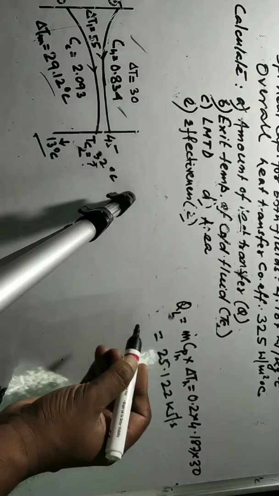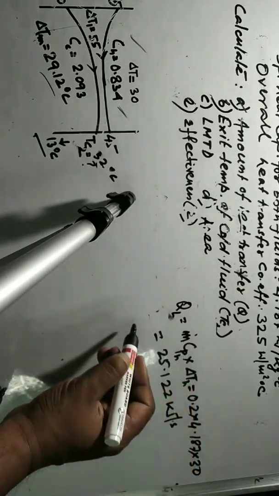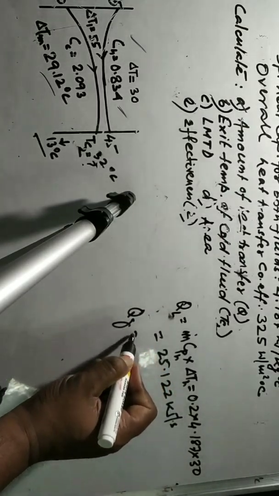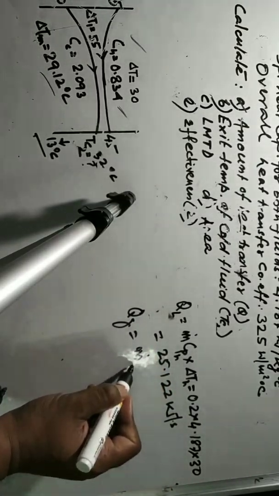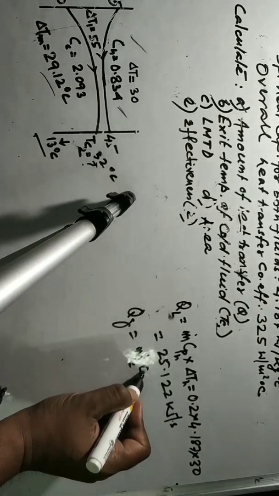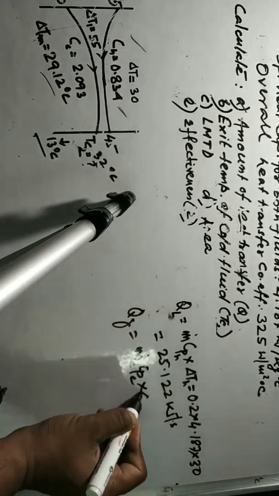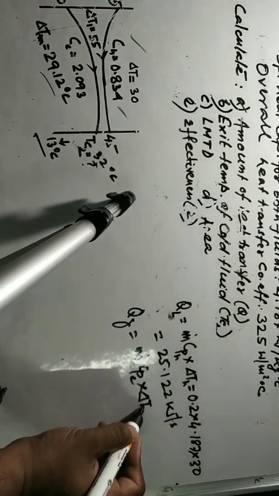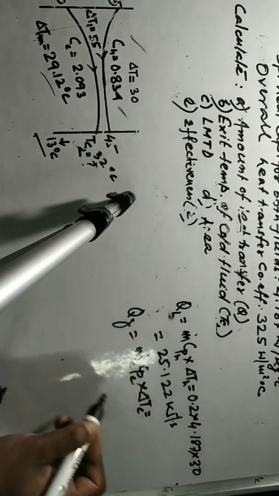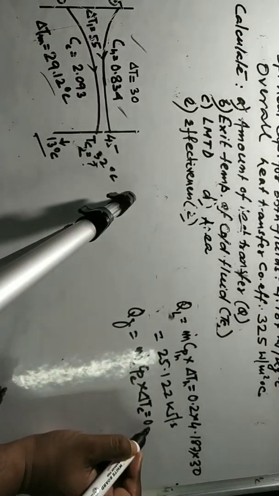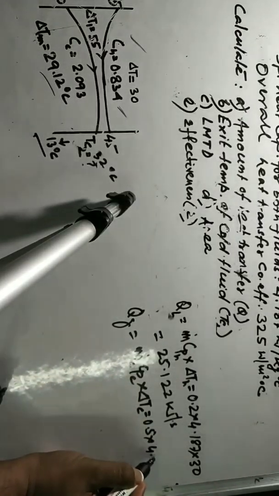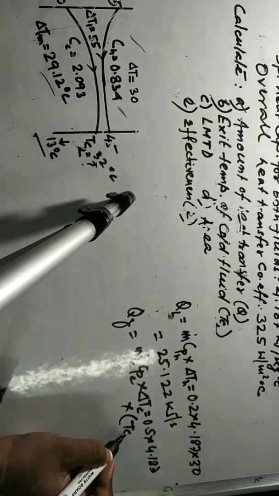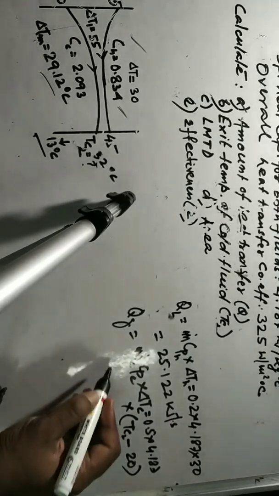The same amount of heat is gained by the cold fluid. So cold fluid heat gain is mc, specific heat capacity into temperature difference for cold fluid. So it will be 0.5 into 4.187 into 20.